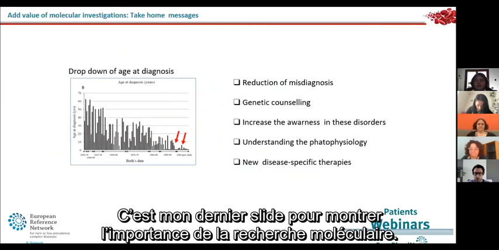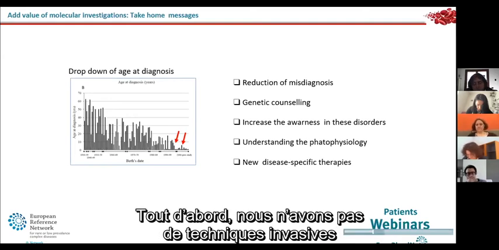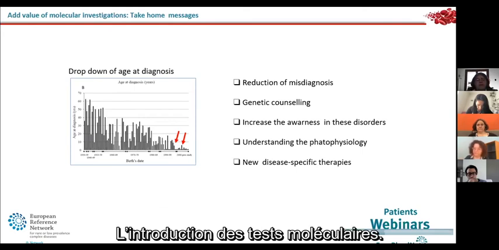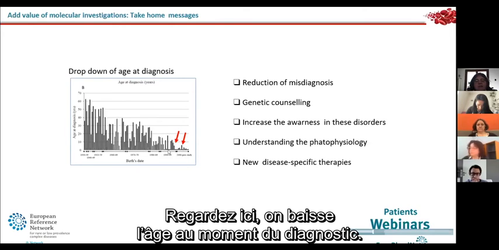So this is my last slide, just to say what the added values of molecular investigation are. First, we don't need invasive techniques and investigations, for example bone marrow. The introduction of molecular testing, look here, dropped the age at diagnosis.